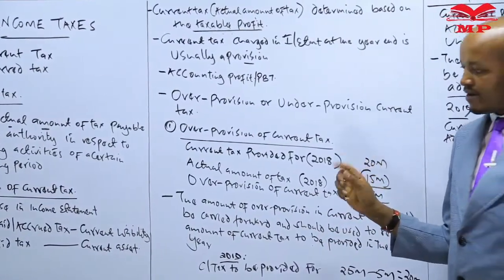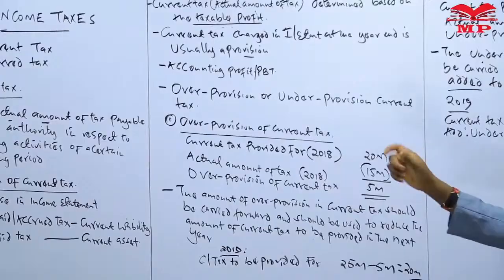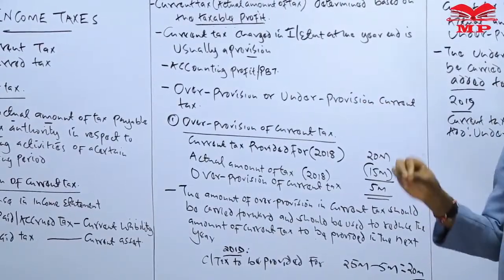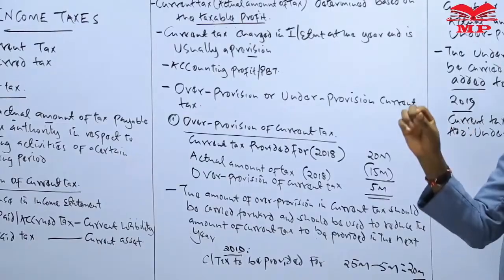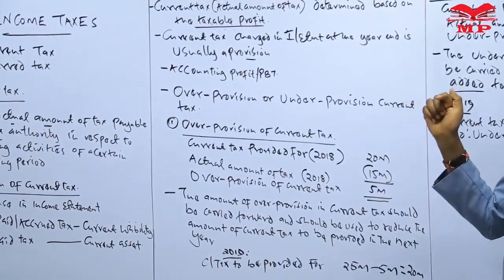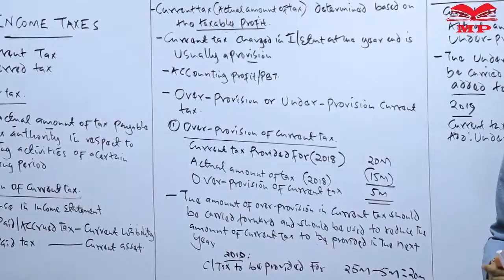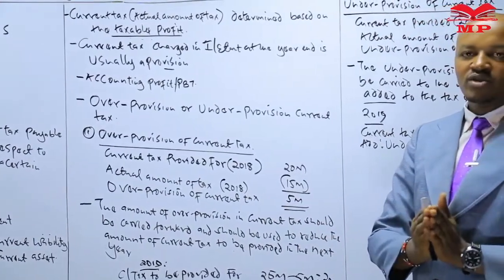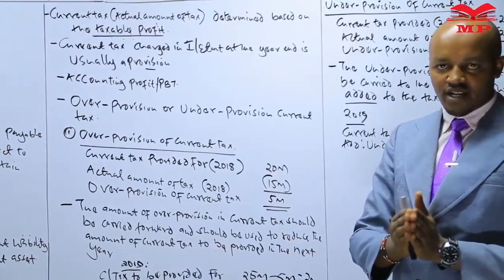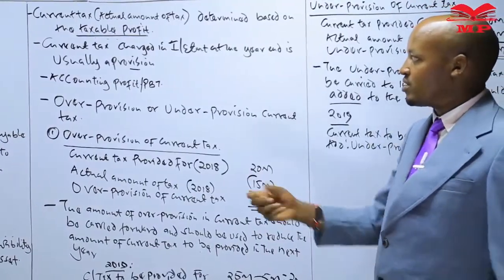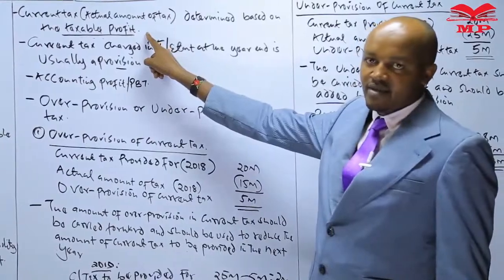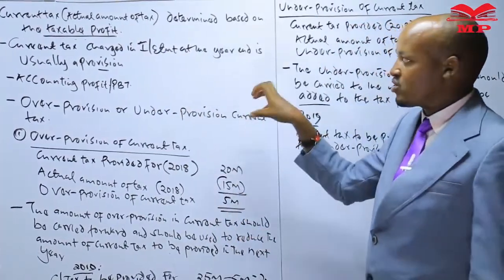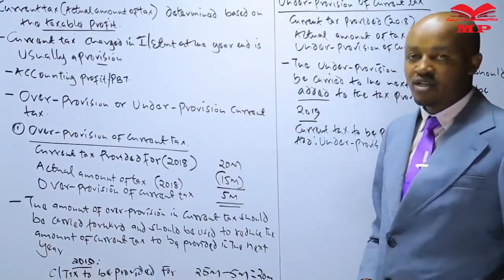On the other hand, you also need to remember that the amount of current tax which is deducted from the accounting profit is always a provision, because for us to determine the actual amount of tax which is supposed to be paid, that can only be determined based on the taxable profit, and this profit can only be computed after the company has computed the accounting profit.